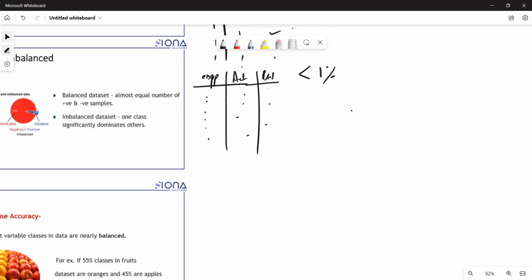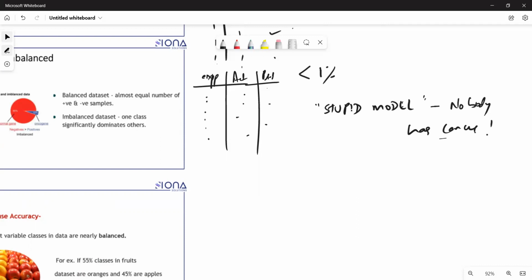So let's do a thing. Let's call our model a stupid model. That means this particular model gives out an output such that nobody has cancer. This is what my model tells me. That means nobody has cancer.